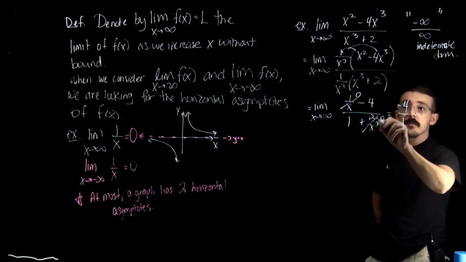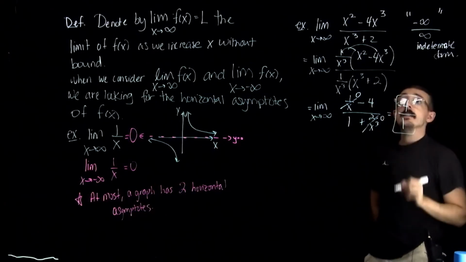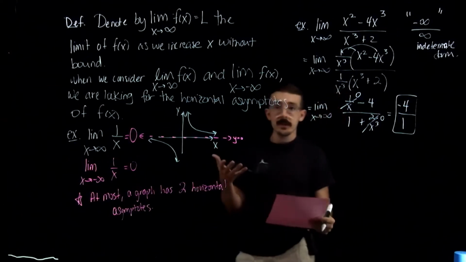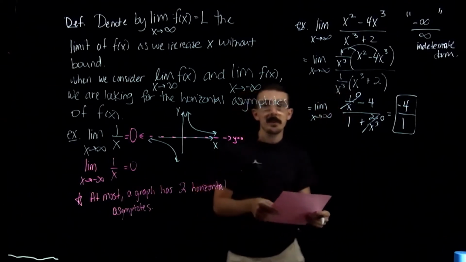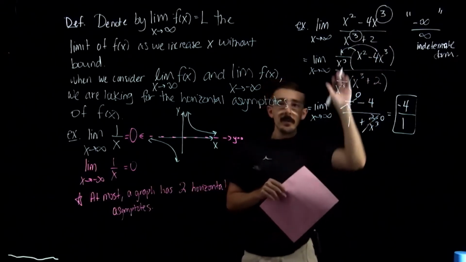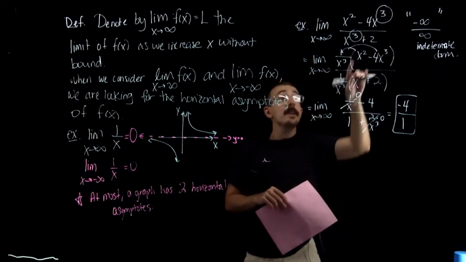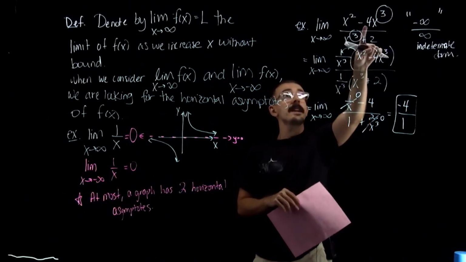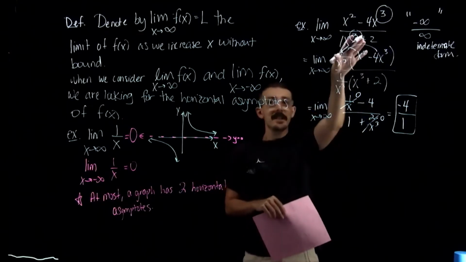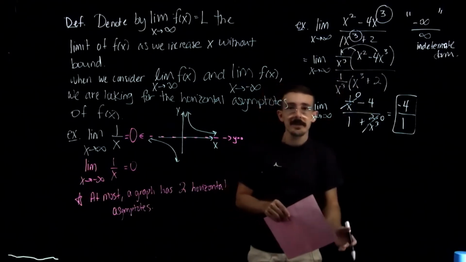That's going to go to 0. So this limit is just -4. And you may recall this as one of the horizontal asymptote rules that you learn in pre-calculus. If the powers of the numerator and the denominator are equal, you just take the leading coefficients. So it's -4 over 1. So that is the same thing. This is just using algebra to show that that's true.